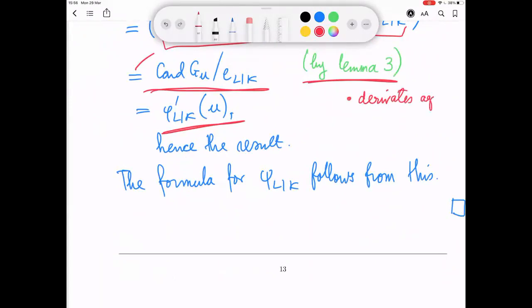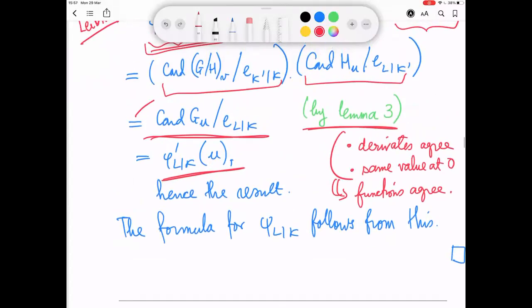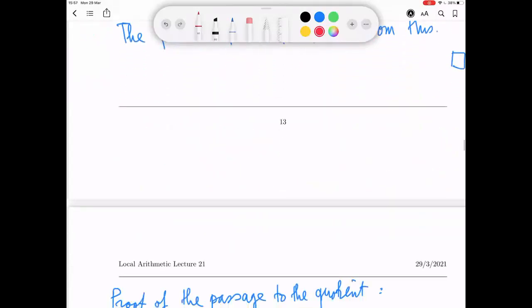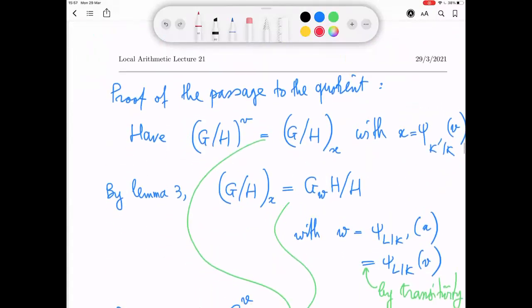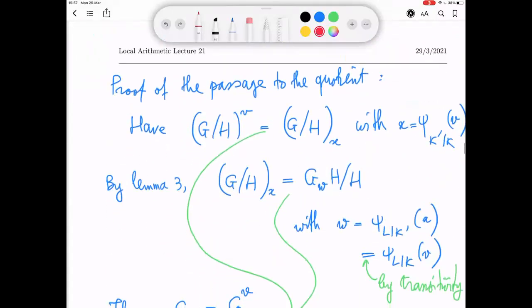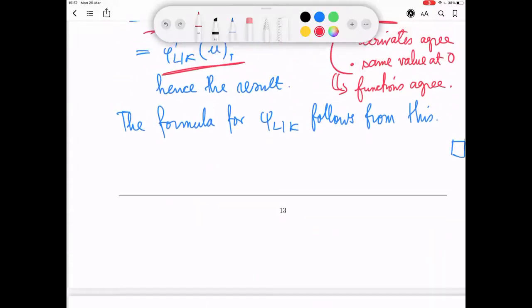Derivatives agree and same value at 0 implies the functions agree. So the left-hand side is equal to the right-hand side. Okay, so that is the proof of the transitivity for phi.